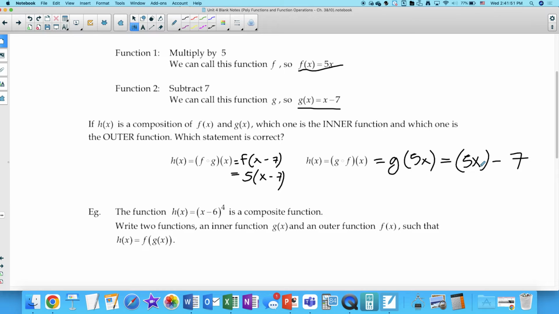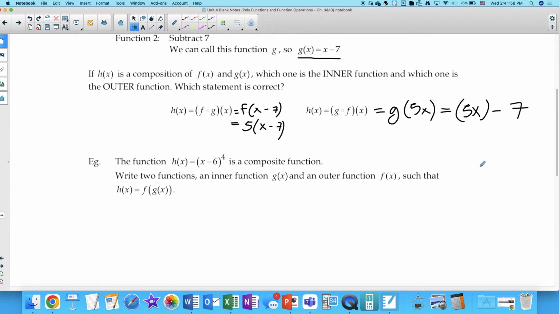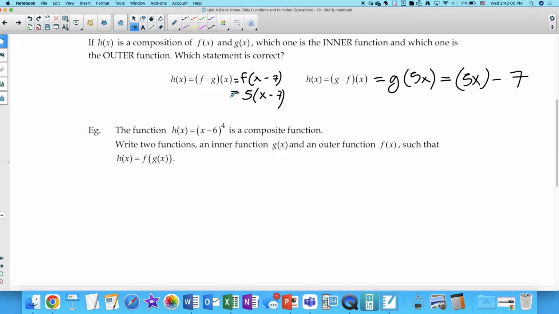Okay, so for example, suppose we have this function h of x equals x minus 6 to the power 4. What are the two functions, g of x and f of x, such that h of x equals f of g of x?